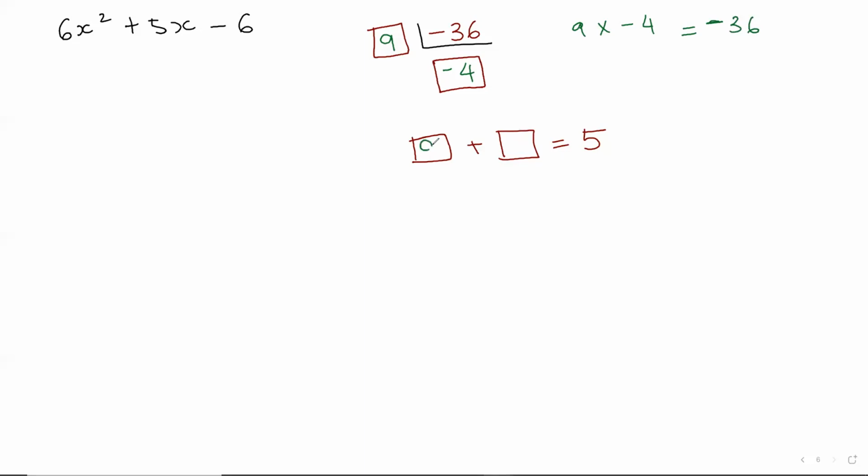And when you add them, 9 and minus 4, you get 5, right? So these are the two numbers that we were looking for. So let's split the term. Hamna, is it clear?